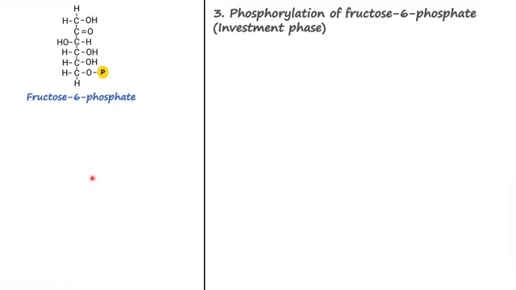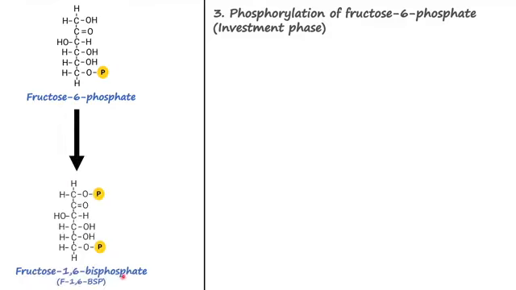Now the third reaction is phosphorylation of fructose 6-phosphate. Fructose 6-phosphate is phosphorylated to fructose 1,6-bisphosphate, and the reaction is catalyzed by phosphofructokinase 1.